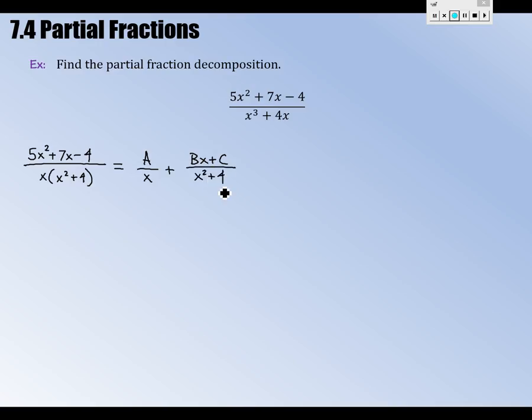Do you like it? You like it? All right, well, if you like it, let's do it. Here we go. I'm going to do the same thing as last time. I'm going to multiply through by this denominator. 5x squared plus 7x minus 4 equals a times x squared plus 4 plus bx plus c times x.